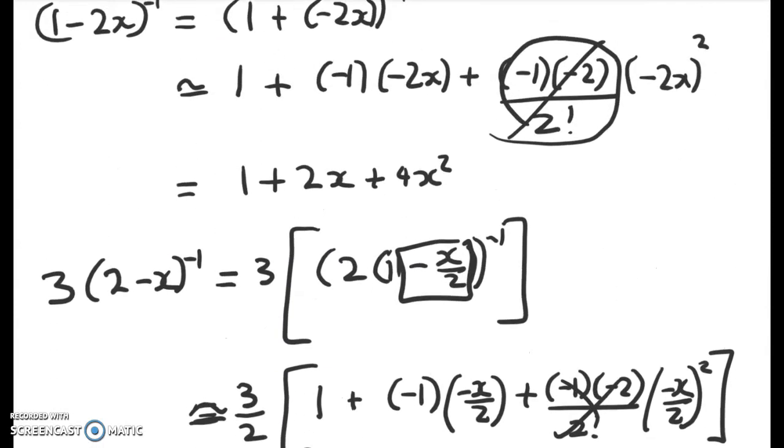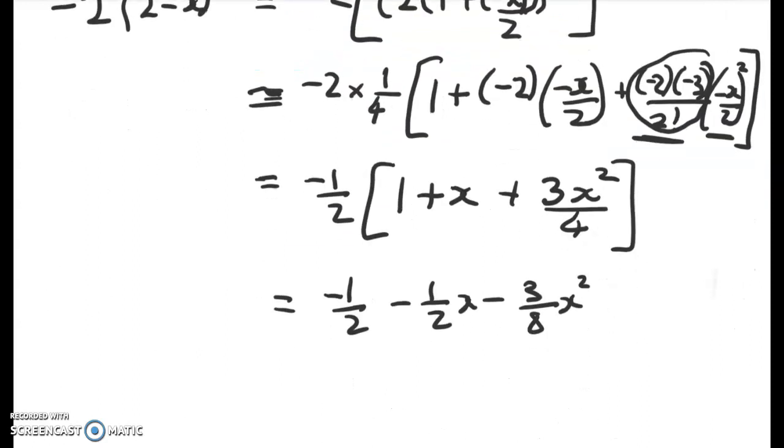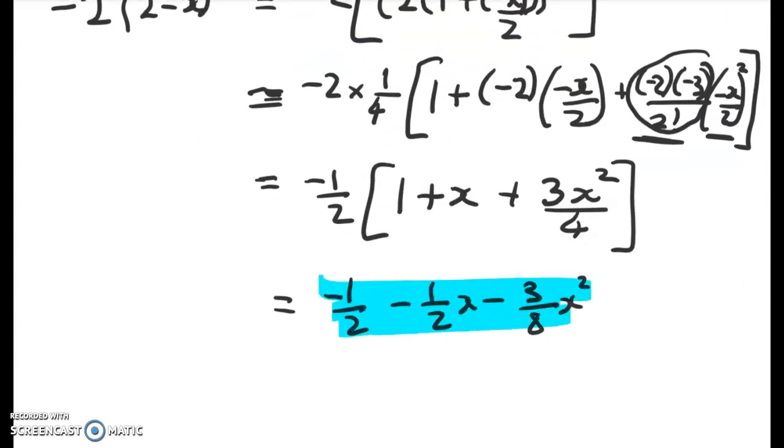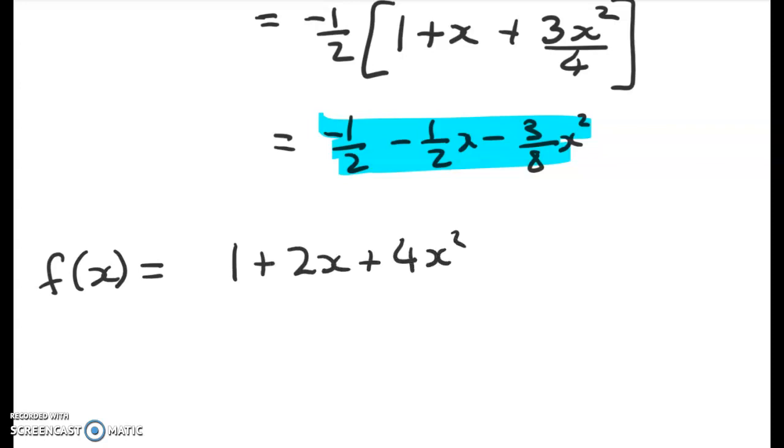So we're going back, we're taking this one here, and then this one here, and lastly we're going to add this one here. So f of x is equal to 1 plus 2x plus 4x squared. Line them up in place value order, plus 3 over 2 plus 3/4 of x, and so on.